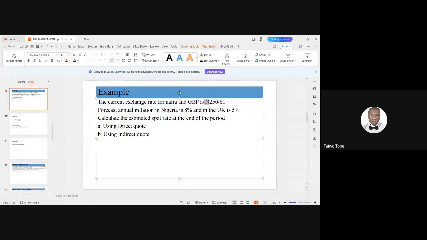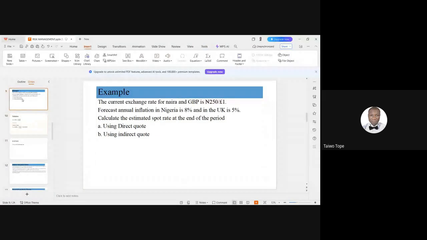So if this is expressed as a direct quotation based on spot rate, the instant rate as at the time of this computation, what will be the reverse value of this in terms of indirect quotation?